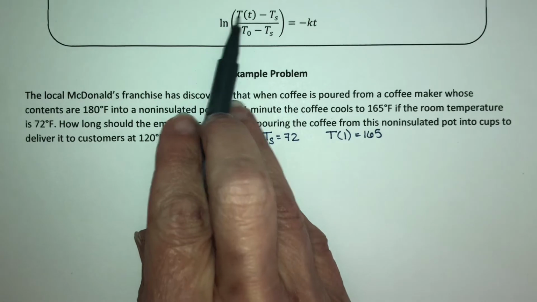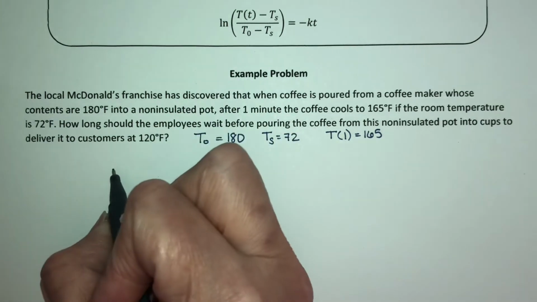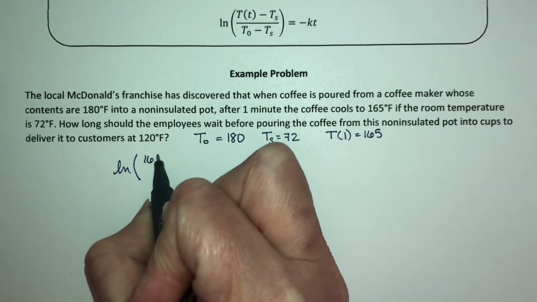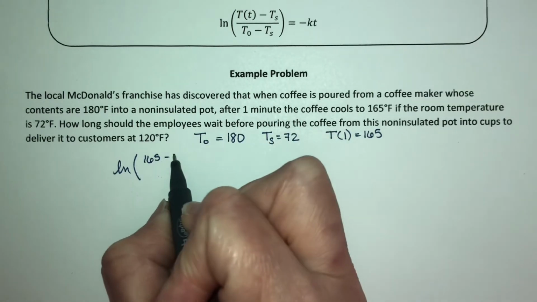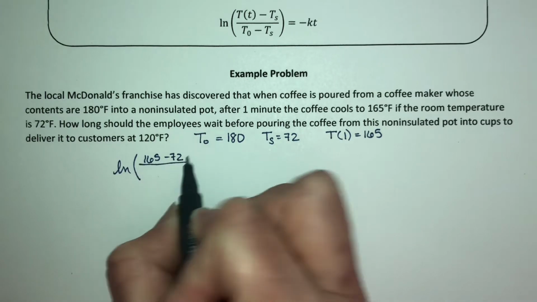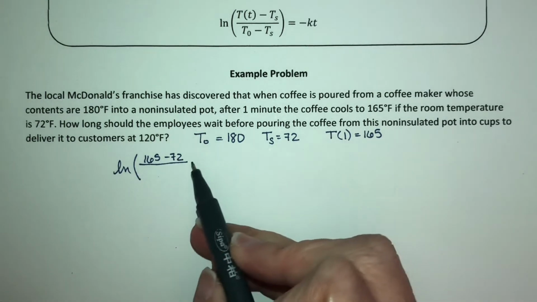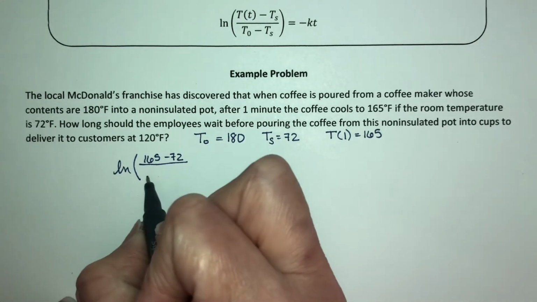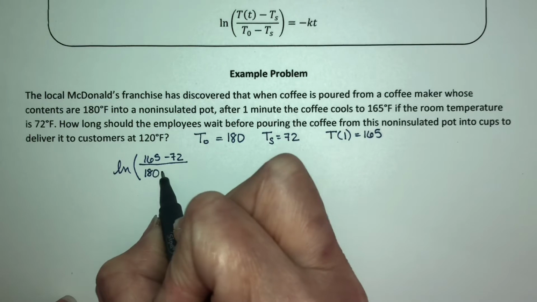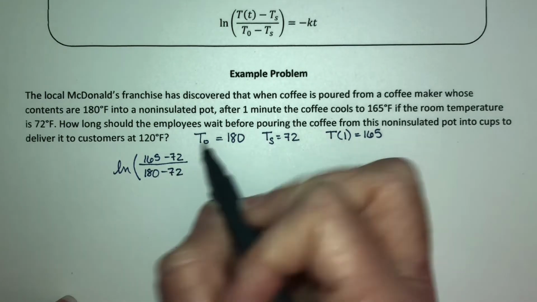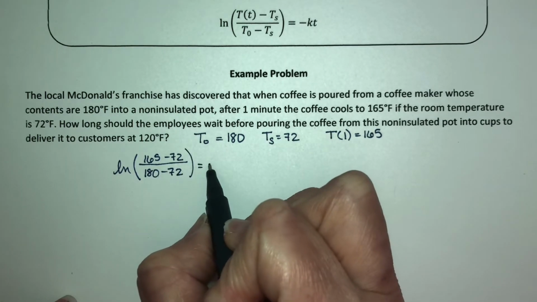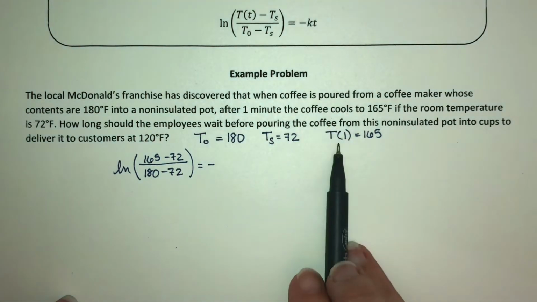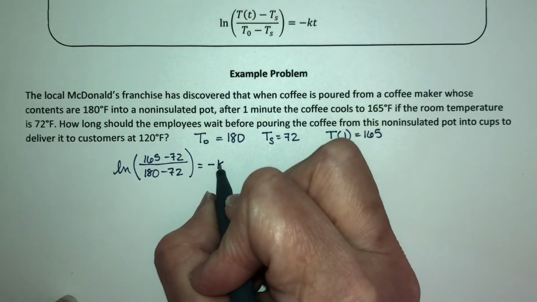So I can plug this all in right here to get natural log of 165 minus the surrounding temperature, over the initial temperature minus the surrounding temperature, and this is going to equal negative kt. My t is 1, so this is just k.